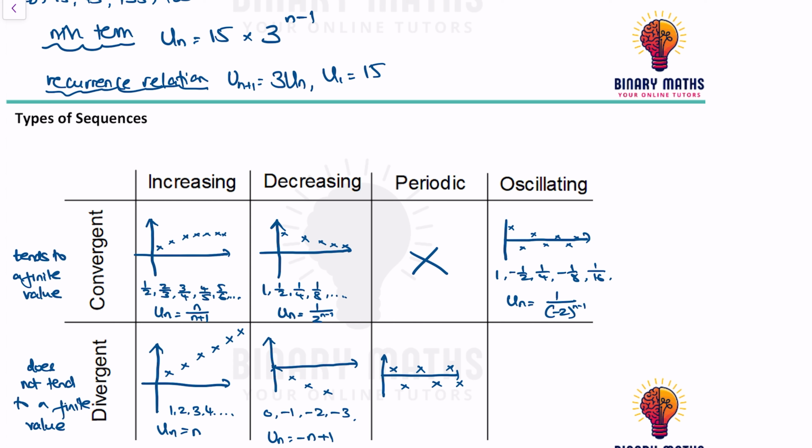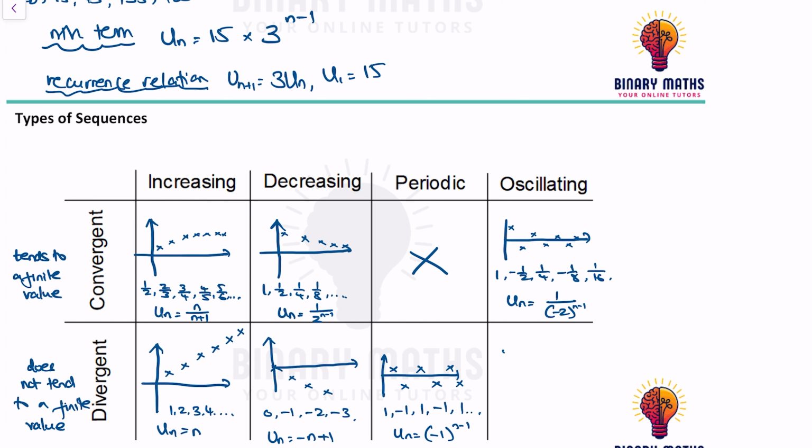You can see it doesn't tend towards a certain finite value because it's obviously going from 1 to minus 1. And also it is periodic because the numbers 1 and minus 1 are repeated. So that would be un is equal to minus 1 to the power of n minus 1. Because if I introduce 0, it would just get a bit more complicated.